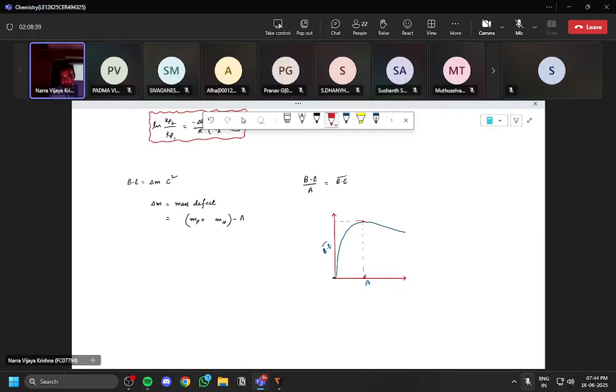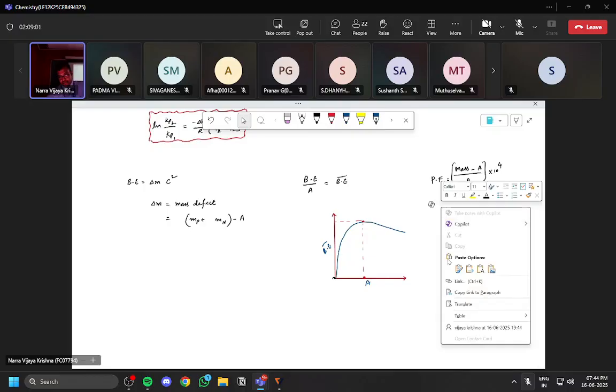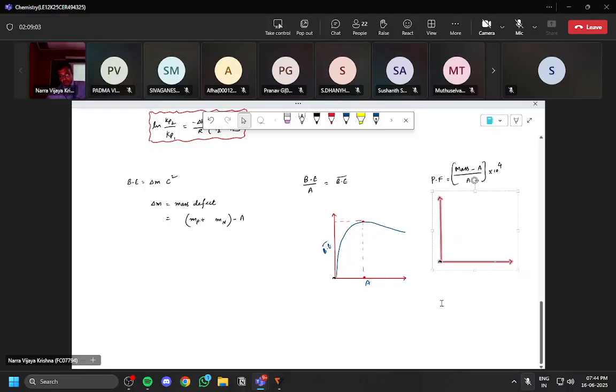Now, one more term is there, packing fraction. Packing fraction means mass of nucleus minus mass number, upon mass number, into 10 power 4. This is called packing fraction. Here also, if you plot a graph, you will get a graph reciprocal to it.